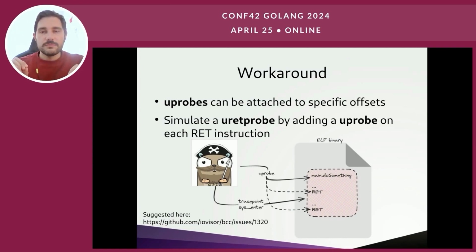So we don't need to attach the uprobes only on the symbol function names, but we can do the same to a specific offset in the binary function. In order to simulate the uretprobe, what we can do is add, for each ret instruction inside the function, a uprobe that basically simulates the functioning of a uretprobe.